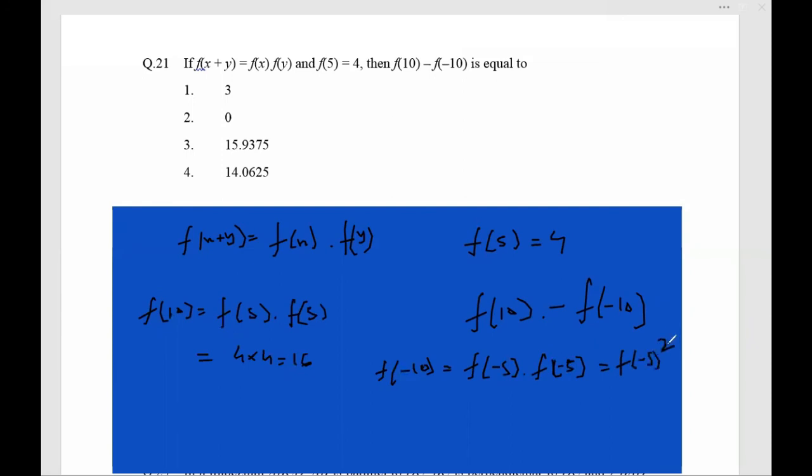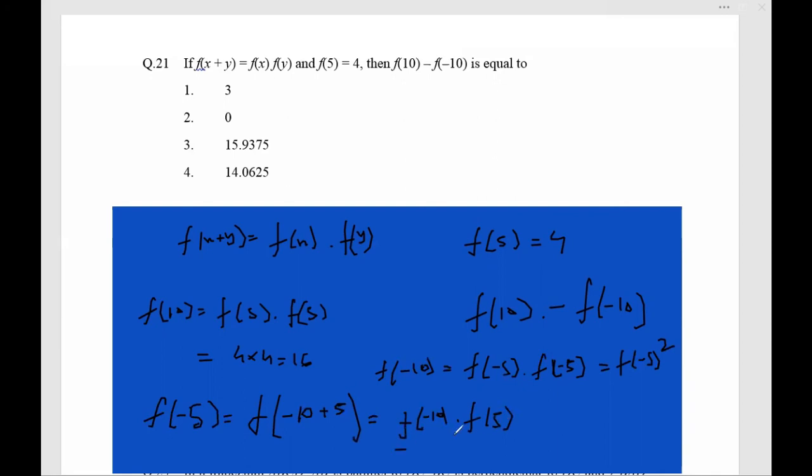Now how to find out f of minus 5? f(5) is equal to f(minus 10 plus 5), that is f(minus 10) into f(5).